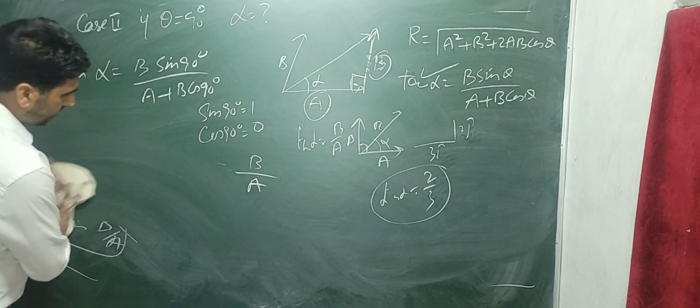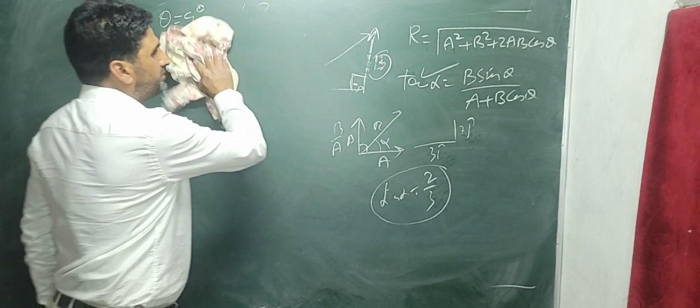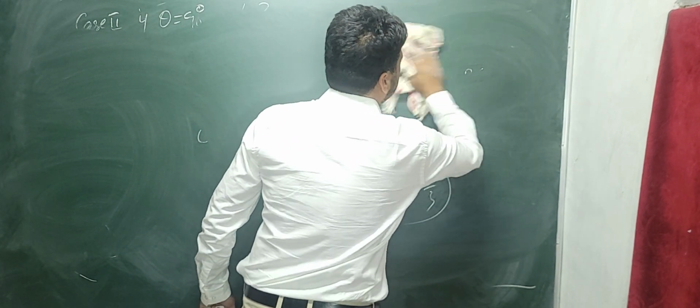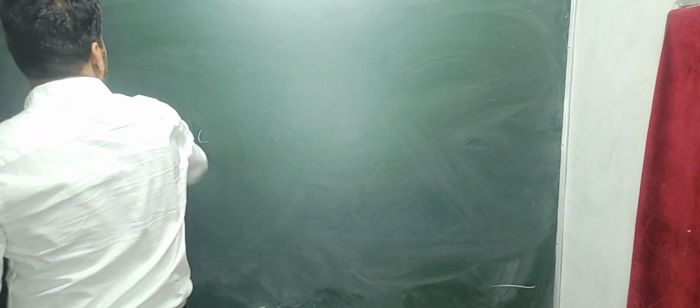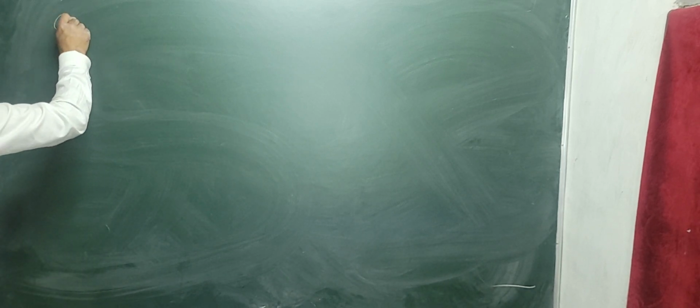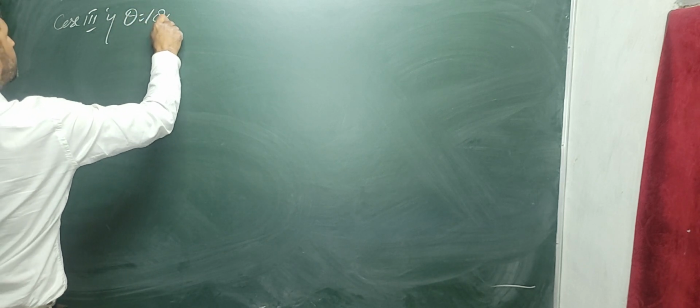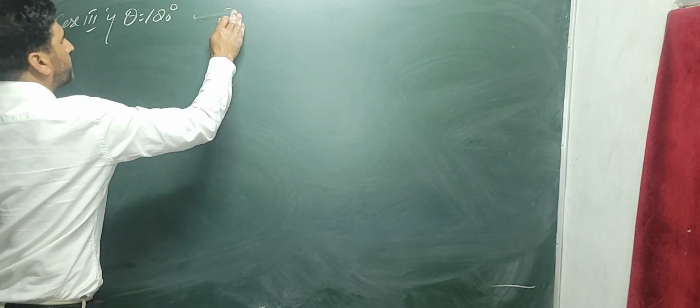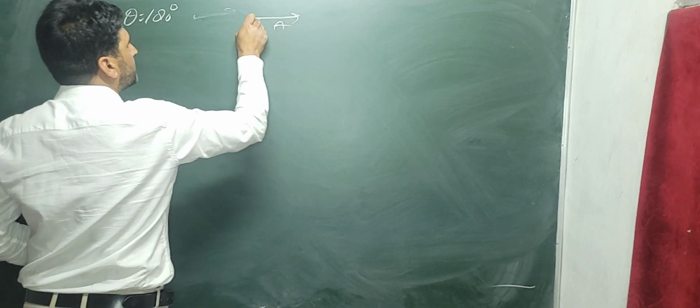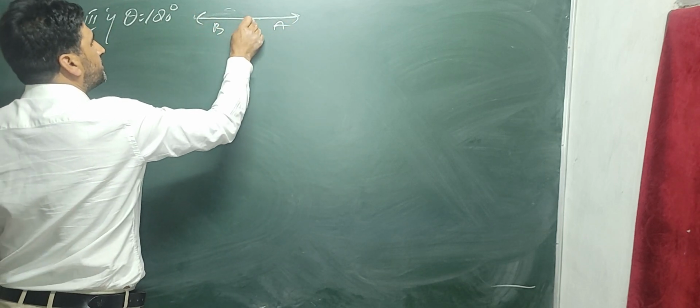Now the third case. If theta is equal to 180 degrees, it means two vectors are anti-parallel. A is moving along this direction, B is moving along this direction.